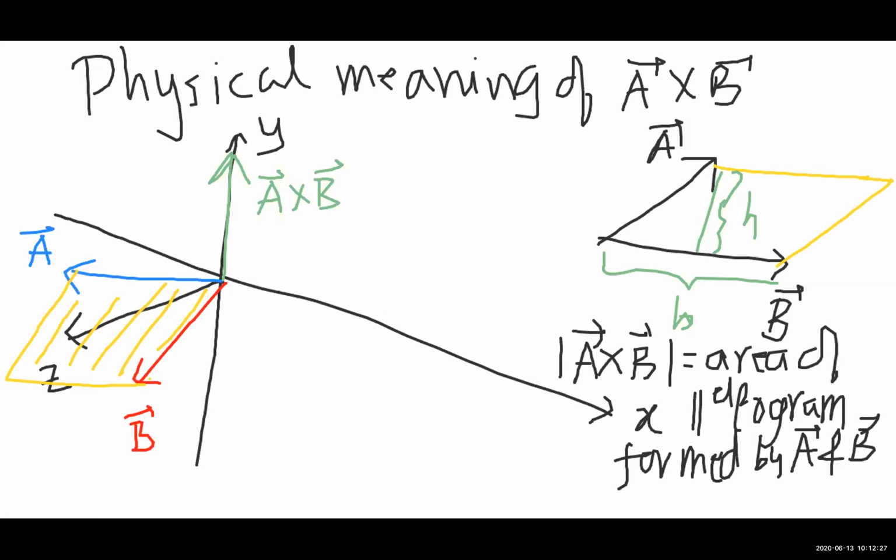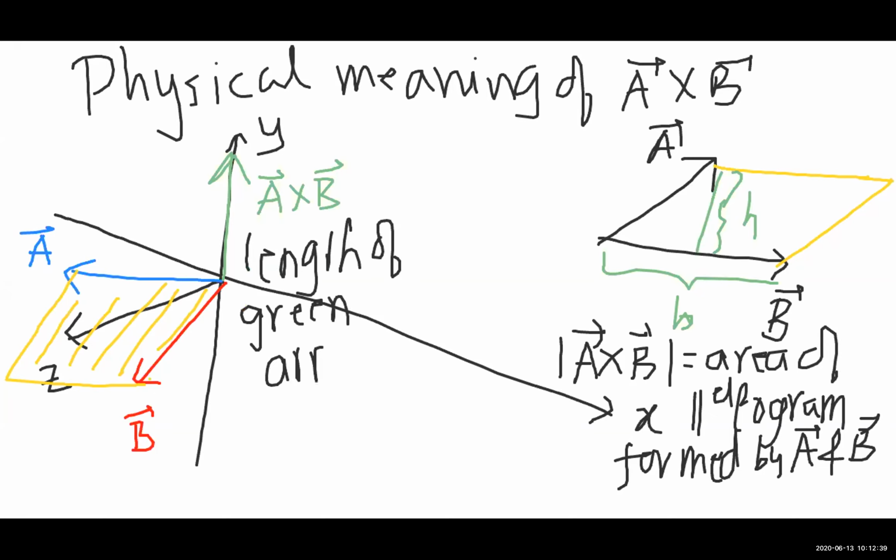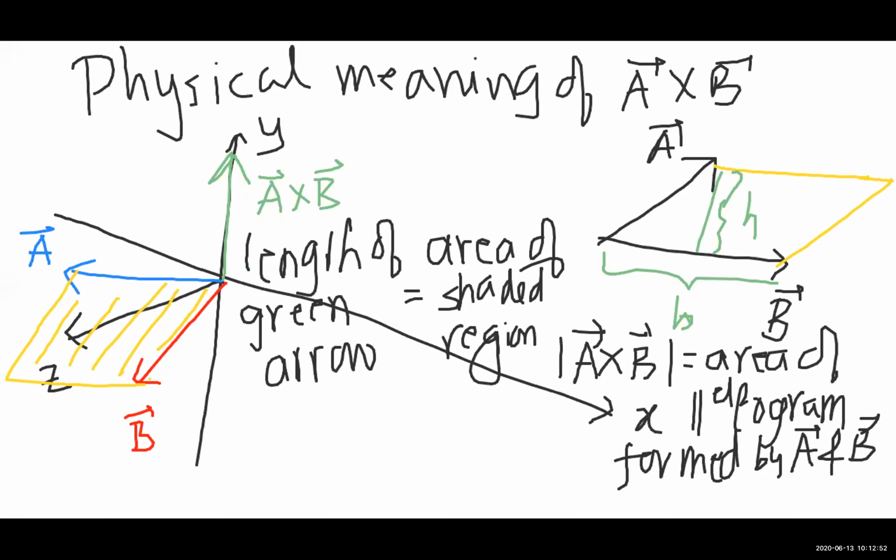Right? So the length of the green arrow is equal to the area of the shaded region. So physically, A cross B is the area of the parallelogram formed by A and B.